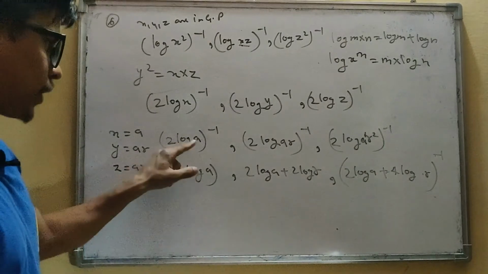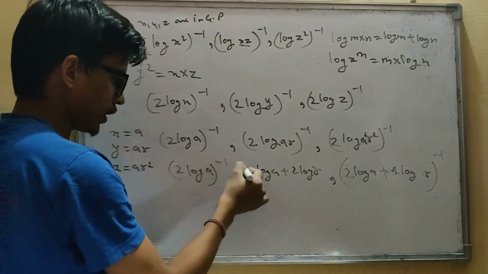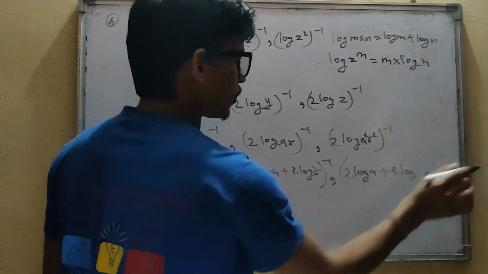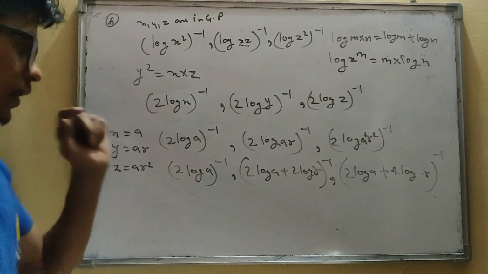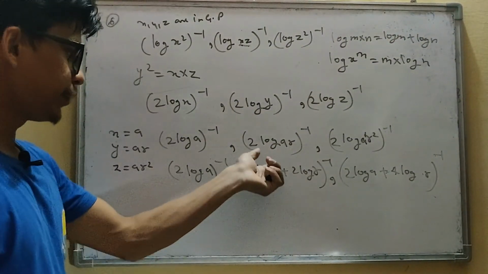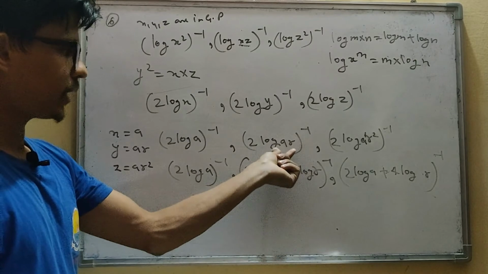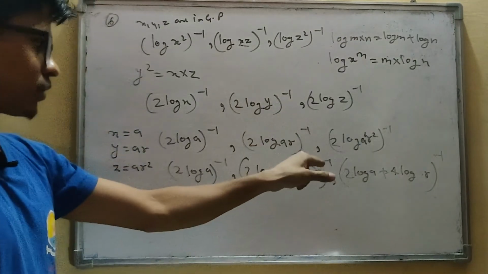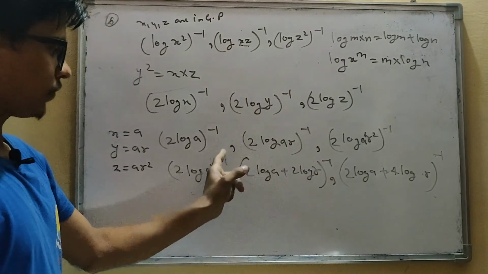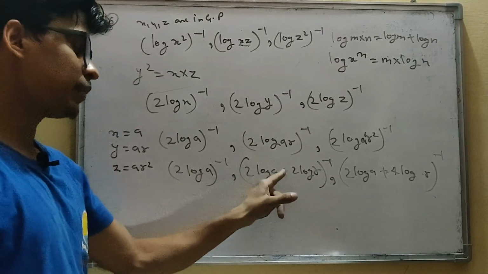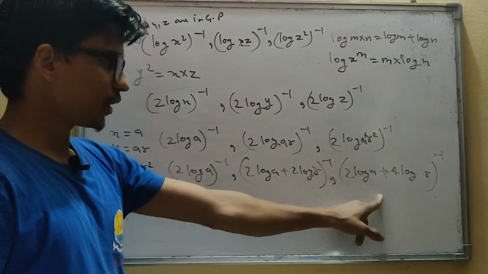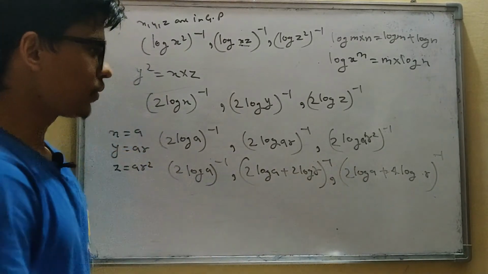Log m into n can be written as log m plus log n. Now 2 log a, 2 log ar, and 2 log ar square all carry a power of minus 1. So 2 log ar, by using this property, is 2 into log a plus log r, and 2 is multiplying from the outside, so it is going to be 2 log a plus 2 log r. The third is 2 log a plus 4 log r. How?